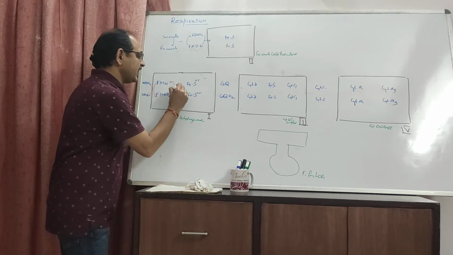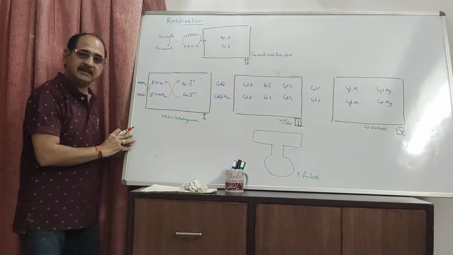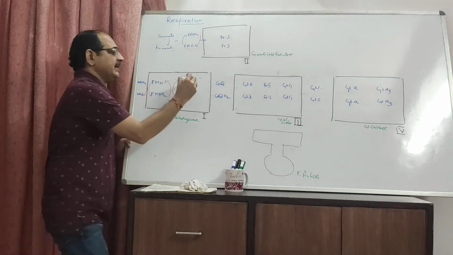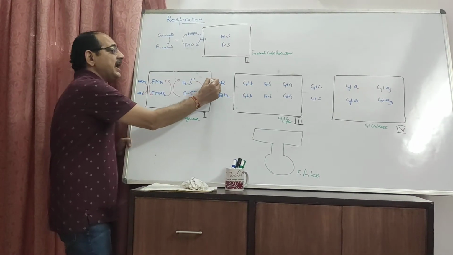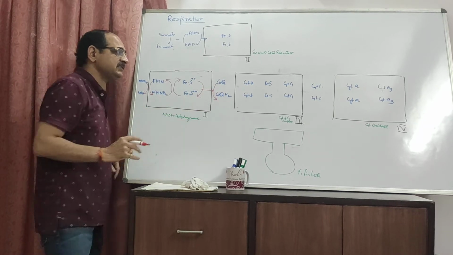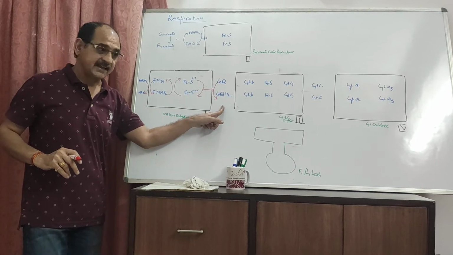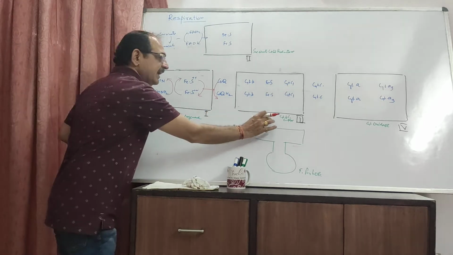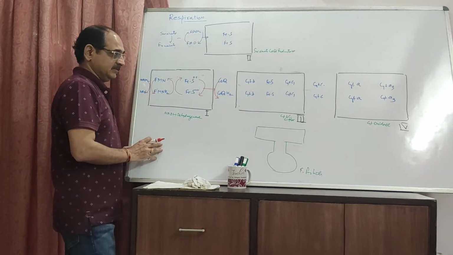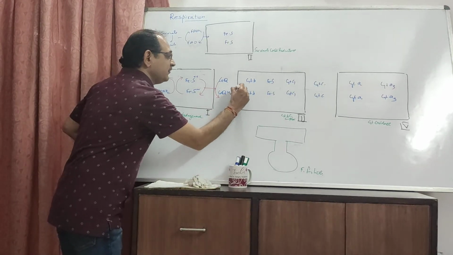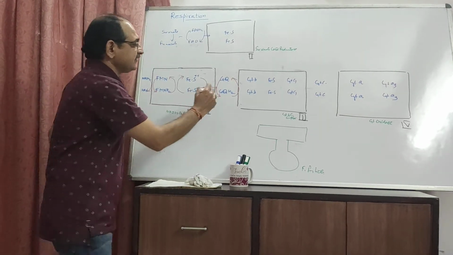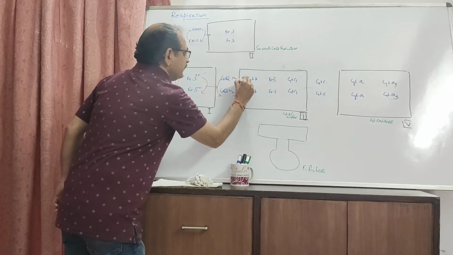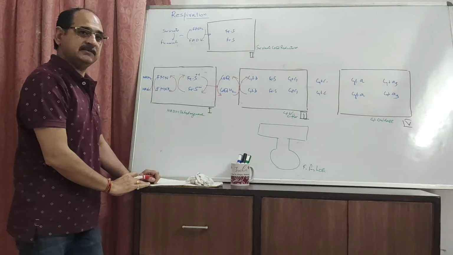Those are accepted by iron sulfur protein. It gets reduced. Again it will get oxidized and release hydrogen. Those hydrogens are accepted by coenzyme Q, which is the intermediate mobile carrier in between first and third. Then again this coenzyme Q releases hydrogen, gets oxidized, and those hydrogens are accepted by cytochrome B, like this.